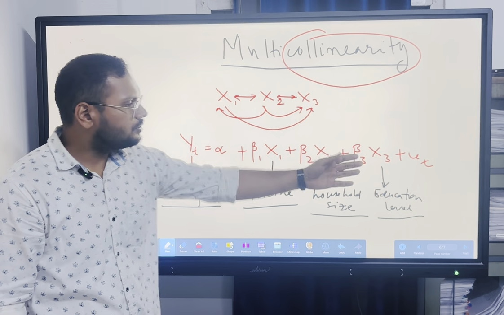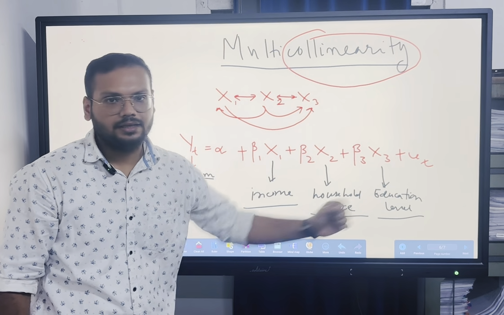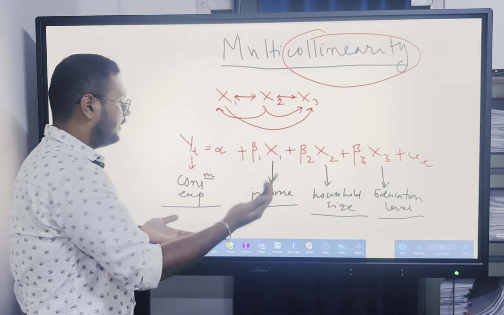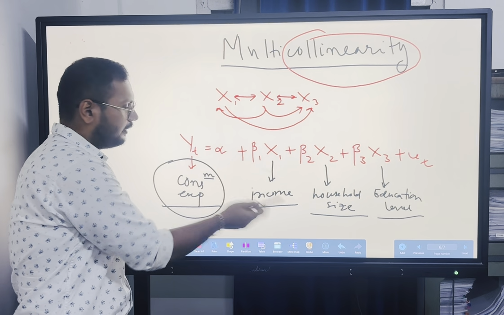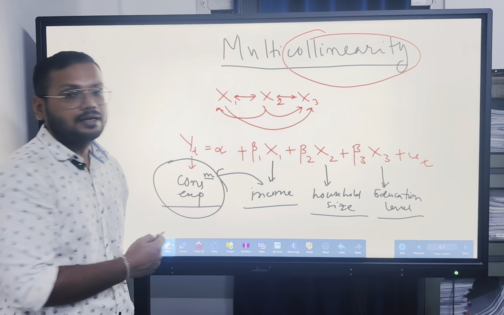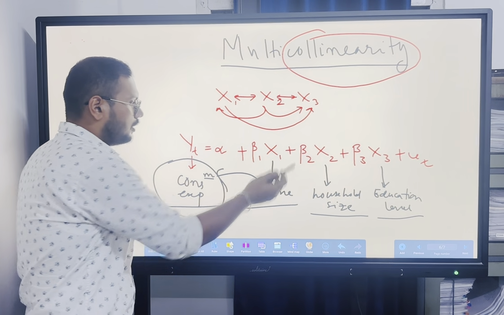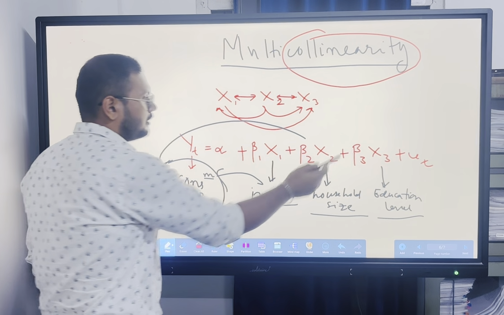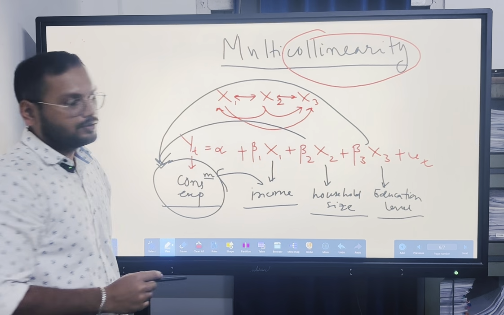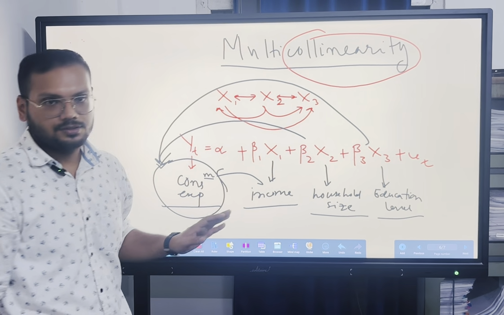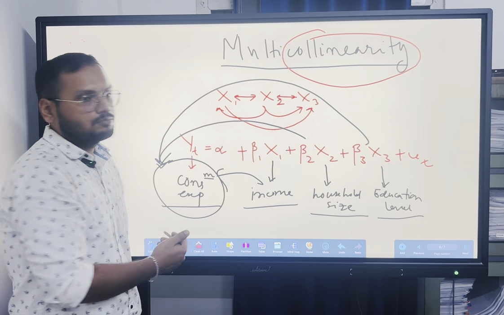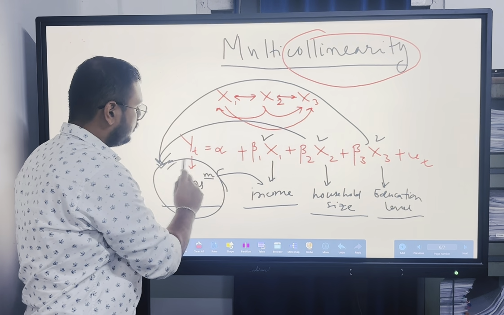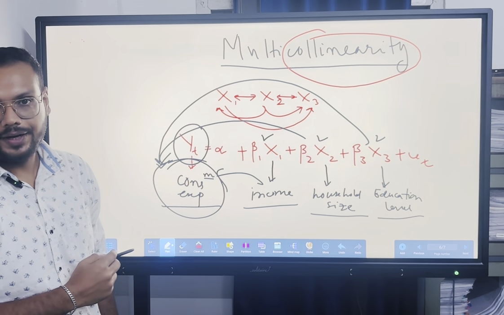Now, using a linear regression model like this, we can find out the effect of income on consumption expenditure of a person, the effect of household size on the consumption expenditure of a person, and finally the effect of level of education on the consumption expenditure of a person, right? So using this regression model, we can find out the impact of these independent variables on this dependent variable, right?